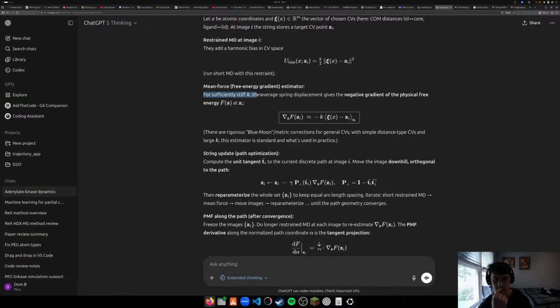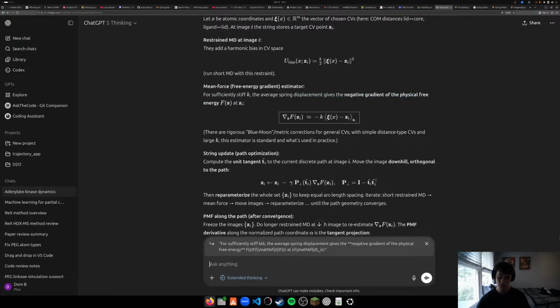For sufficiently stiff k, the average spring displacement gives the negative gradient of physical free energy. What is physical free energy?